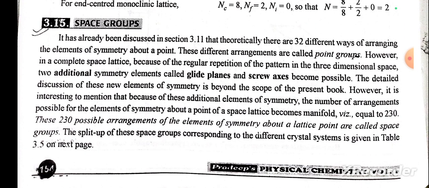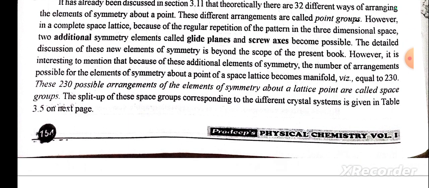Space group. It has already been discussed in section 3.11 that theoretically there are 32 different ways of arranging the elements of symmetry about a point. These different arrangements are called point groups. However, in a complete space lattice, because of the regular repetition of the pattern in three-dimensional space, two additional symmetry elements, called the glide plane and the screw axis, become possible. A detailed discussion of these new symmetry elements is beyond the scope of the present book.